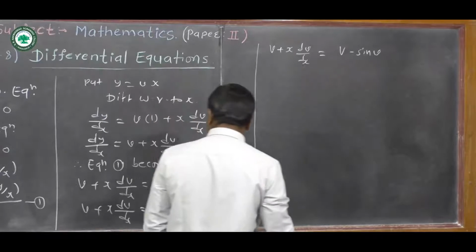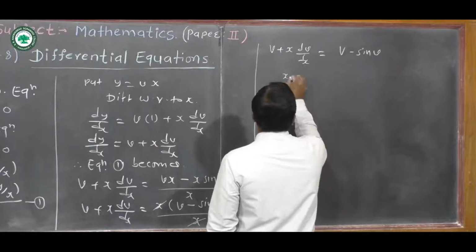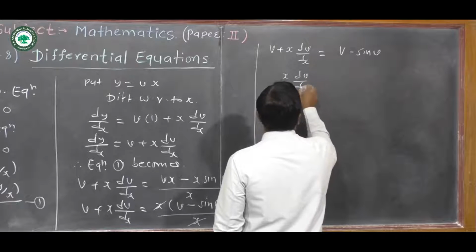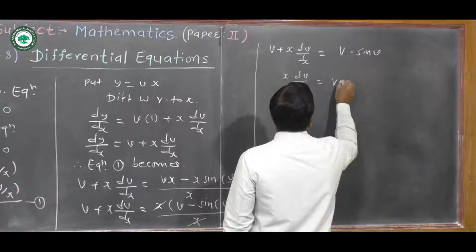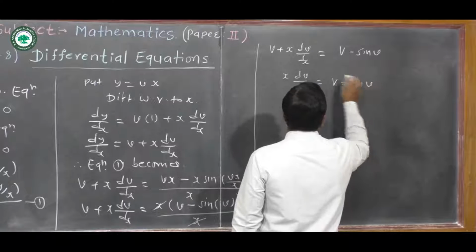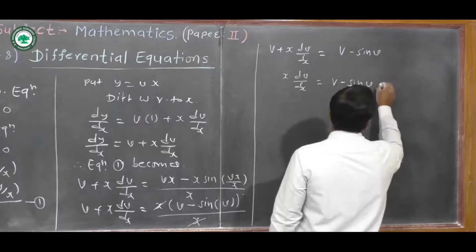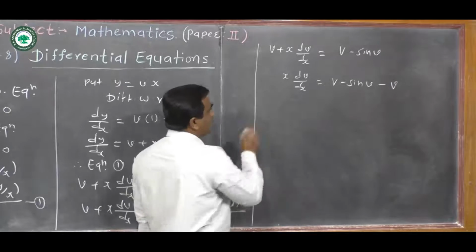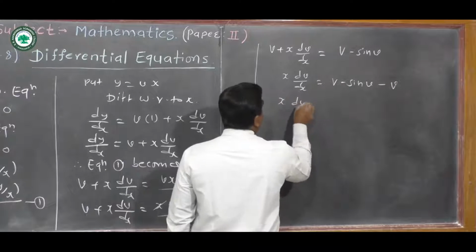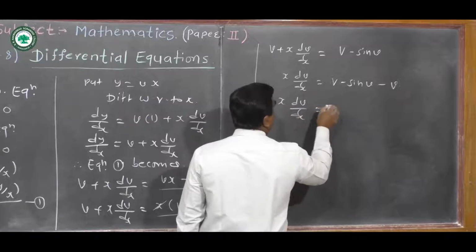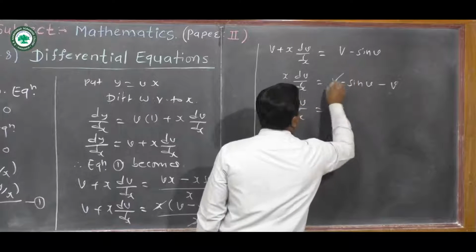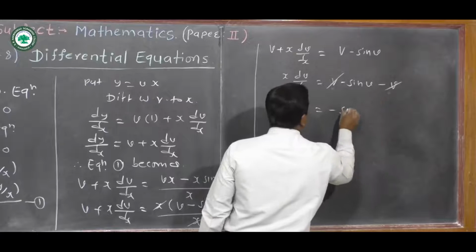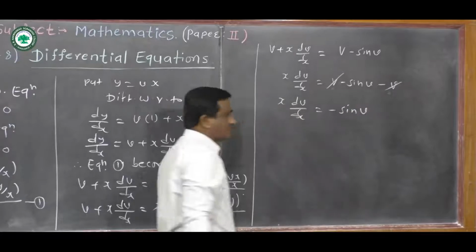That is, we can write x dv/dx is equal to v minus sin v minus v. Take this v to the RHS, this becomes minus v. So x dv/dx is equal to v minus v cancels, remains only minus sin v.